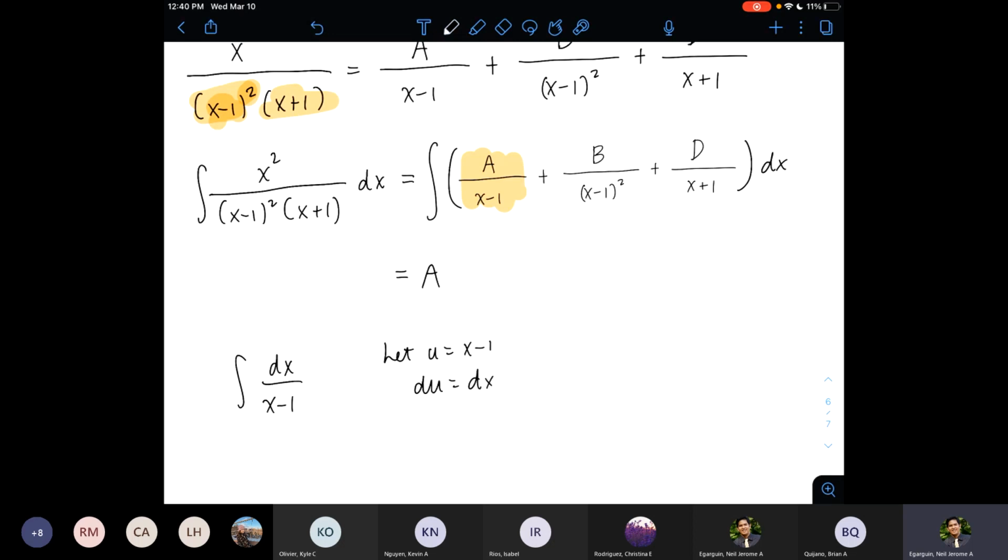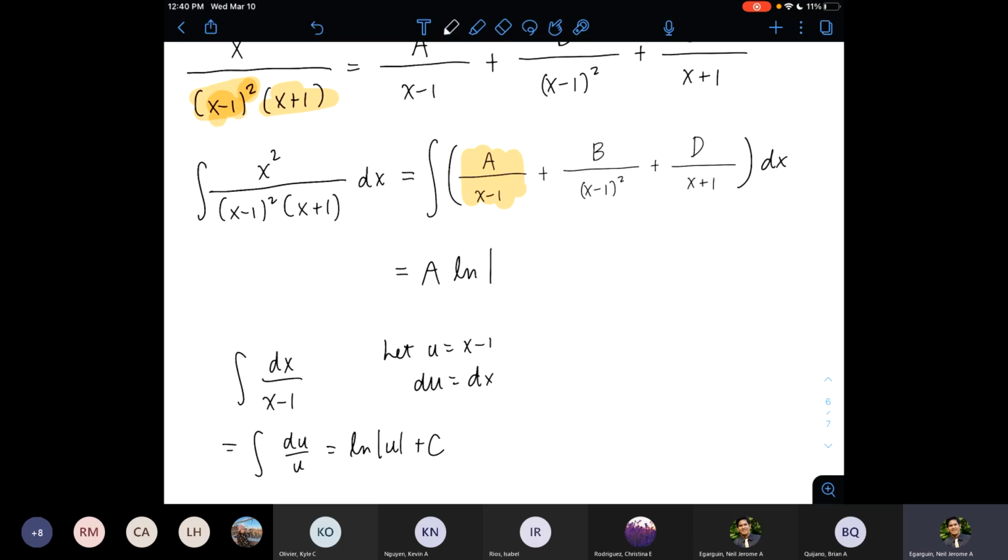Du is dx. So this would be the integral of du over u. So that's going to be ln of the absolute value of u plus some arbitrary constant, right? So basically, the first integral will be a times ln of the absolute value of x minus 1 plus some arbitrary constant. A is a constant we don't know the value of yet, right?